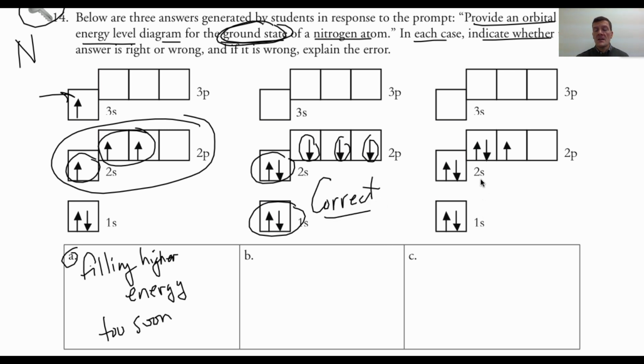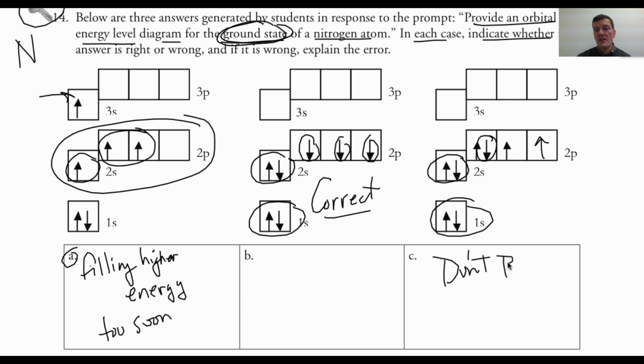All right? This one, you did fill the 1s, then the 2s, and you're starting to fill the 2p, but you should have placed this one over here, pointing upwards, so that you put 1 in each of the orbitals first before you start to pair them up. Okay?